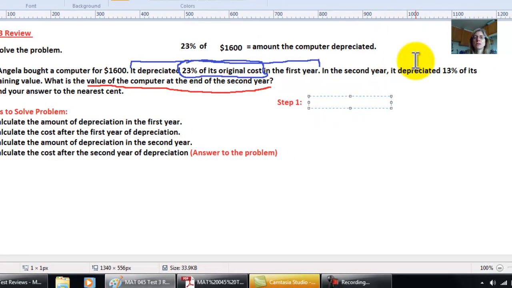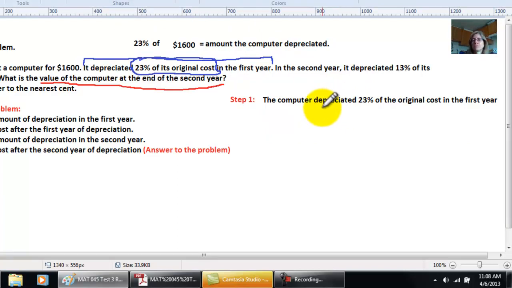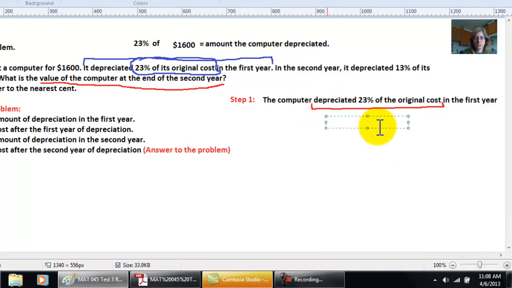Let's translate that down here. Take the phrase depreciated 23% of the cost and change that into math. So you have 23% of $1,600, and that will equal the amount depreciated.